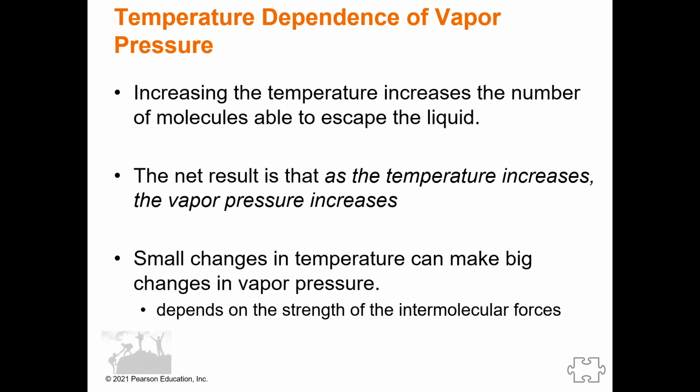Well, that vapor pressure is going to increase as temperature increases. Now, if those intermolecular forces are very strong, like we see in water, then a lot more energy is needed to overcome those intermolecular forces. So for something like water, the boiling point is going to be very high compared to acetone.